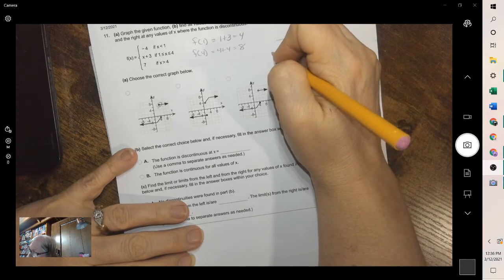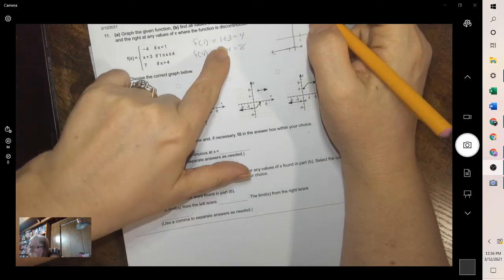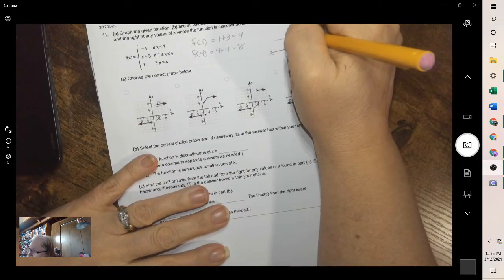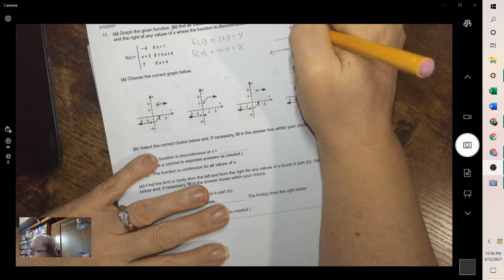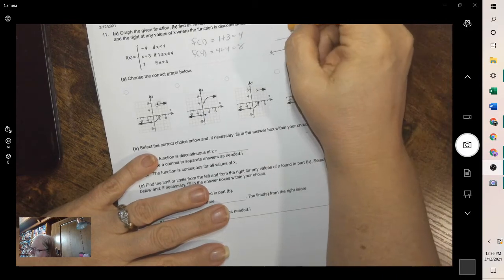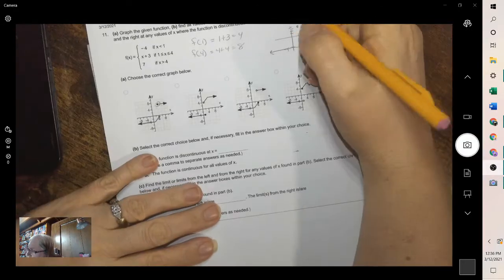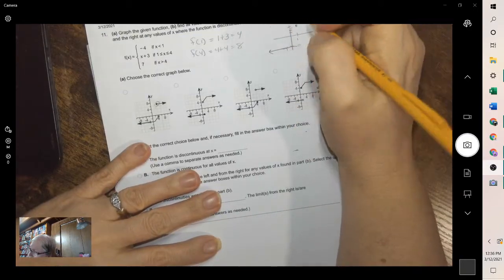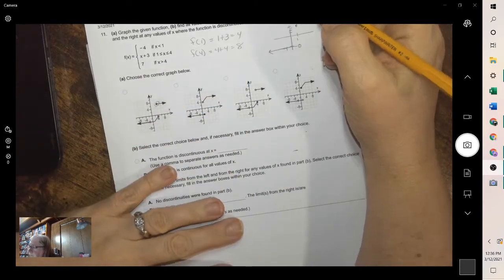So I said this one here. Now if we look here at 1, it's at 4, and it's including it. This one is not including, so this would be an open circle. And then the other endpoint is at 8.